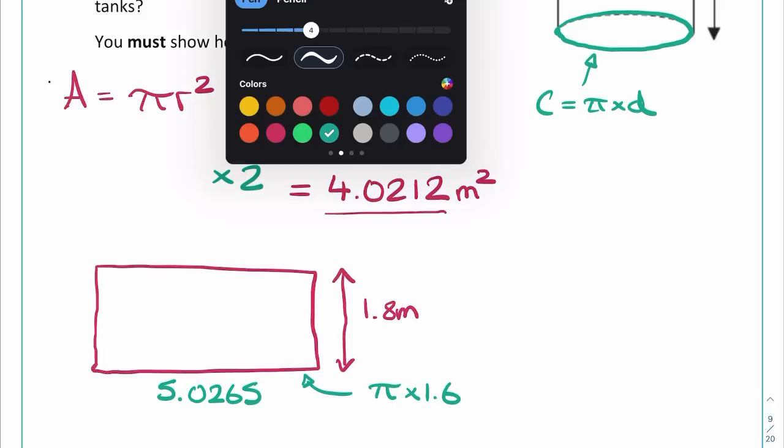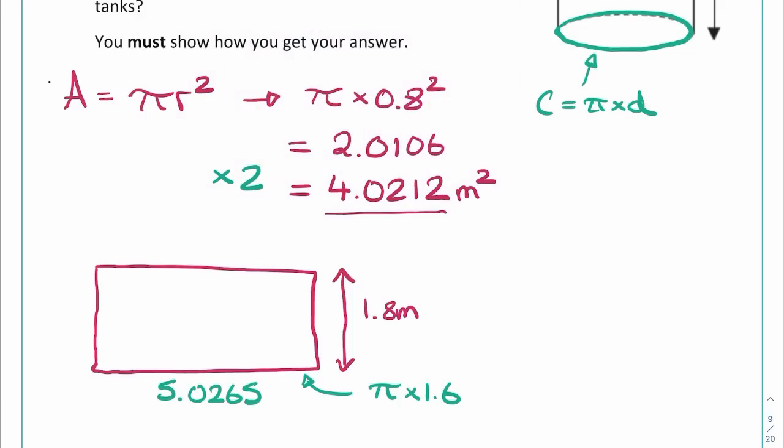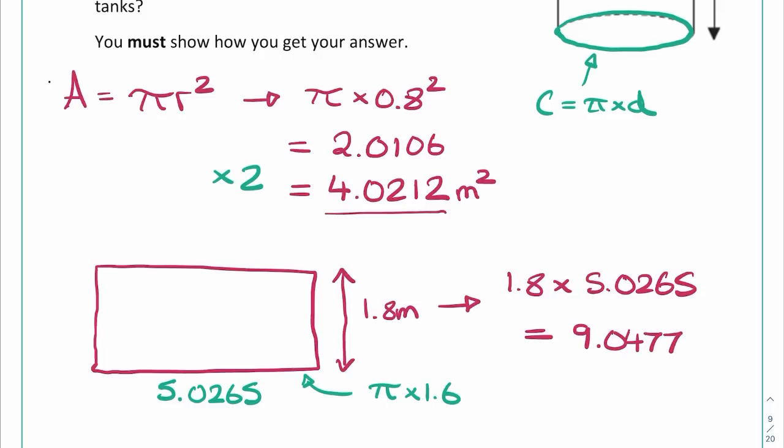Again, there are some more decimals after that, but as I said, we're only comparing it to the other one. So area of a rectangle, nice and easy, we just need to do the length times the width, or the height times the base, 1.8 times 5.0265. And let's just times that by 1.8 on the calculator, and we get an area of 9.0477 and some more decimals.